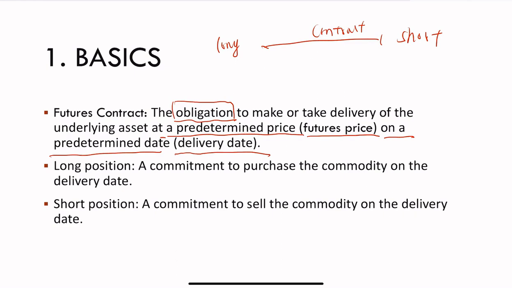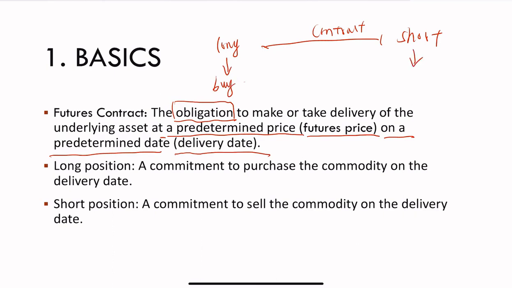In the context of a futures contract, it's the same. If you take a long position in a futures contract, then you commit to buy the underlying asset on the delivery date. So long position means you have to buy.